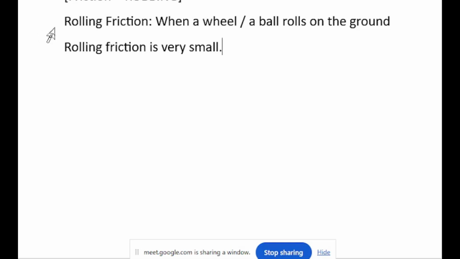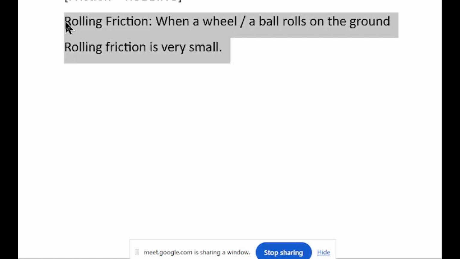So out of the three frictions, the sliding friction is maximum, the highest.